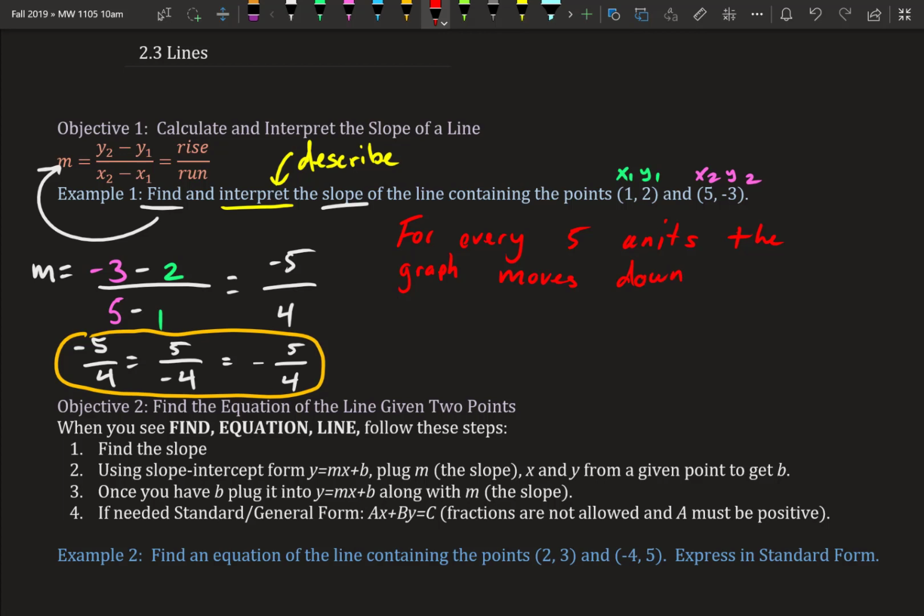The graph moves positive 4, and since it's positive, you go right. So when graphing, we go down 5, right 4, down 5, right 4, down 5, right 4. You can also go the other way, but technically we're going down and right.